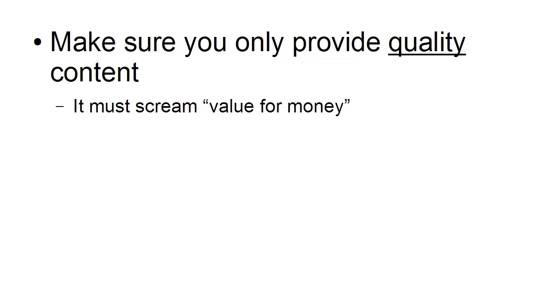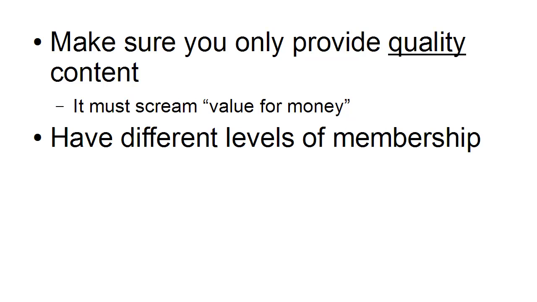All right, let's look at some best practices when it comes to having a membership site. First of all, you want to make sure that you only provide quality content, and it must scream value for money. It must be something that people are not going to be able to get for free somewhere else. Having different levels of membership can be good as well.